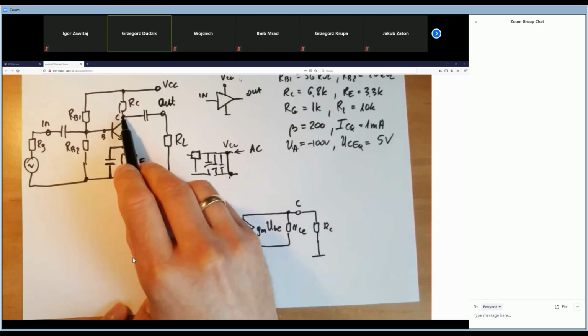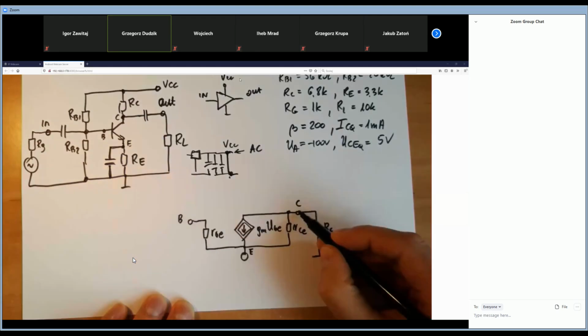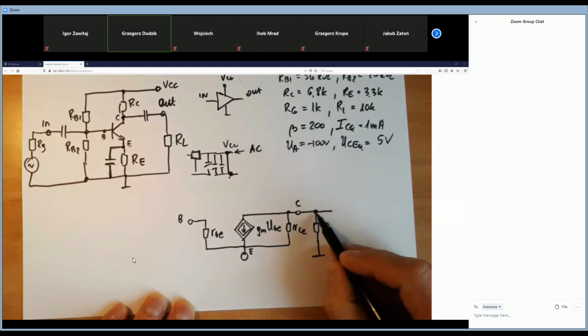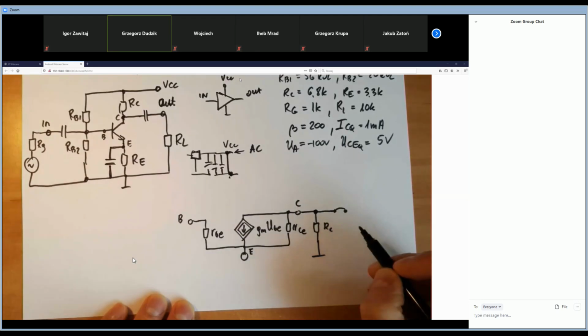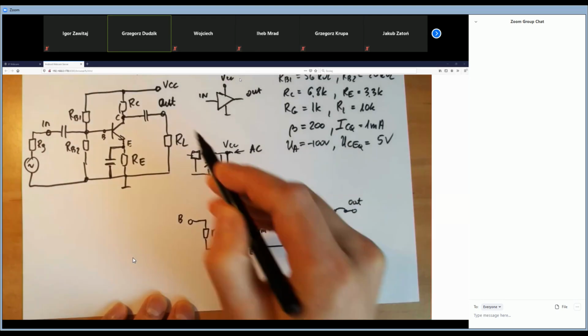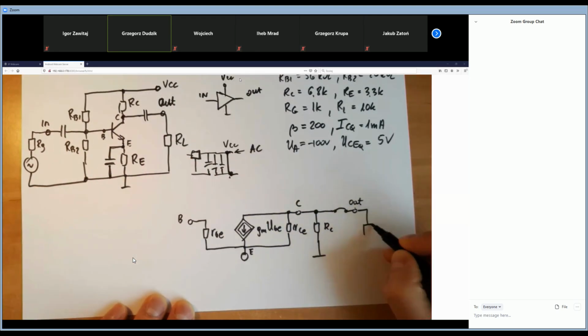From the collector I also see a junction going to the capacitor, but the capacitor is a short circuit for us. Then I have the output terminal, and from the output terminal it is connected by the load resistance to the ground.